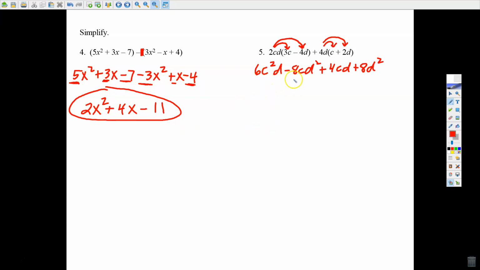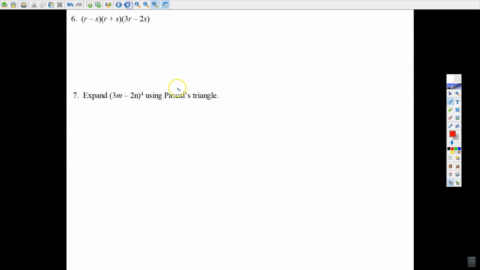Well, as I look across this, like terms have to be same variable and the same exponent. Well, I don't have any c squared d terms to match up with this. I don't have any cd squared terms other than this. No other cd's, no other d squares, so I'm done. That's my final answer, since I can't combine like terms.